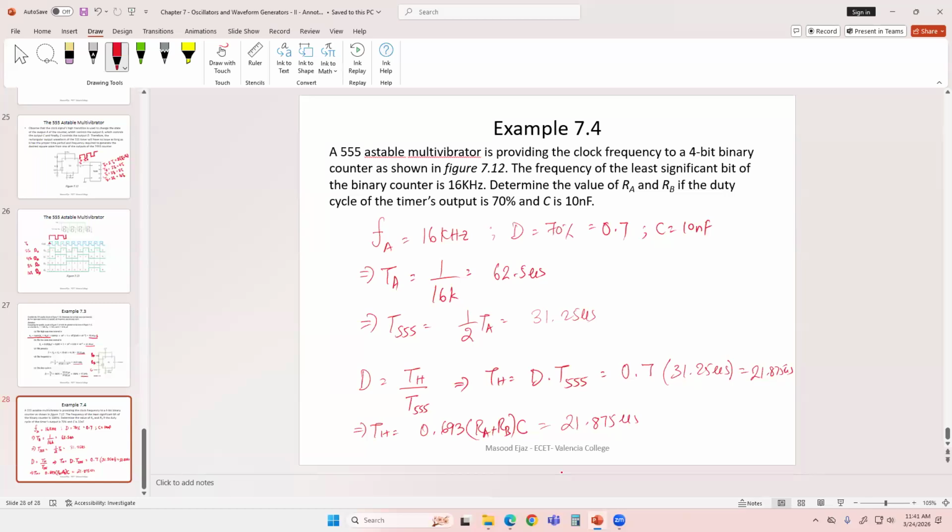And the capacitor value is given as 10 nanofarad. So RA plus RB will be what?